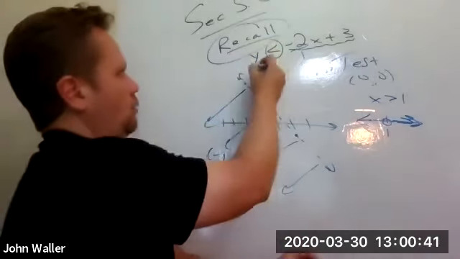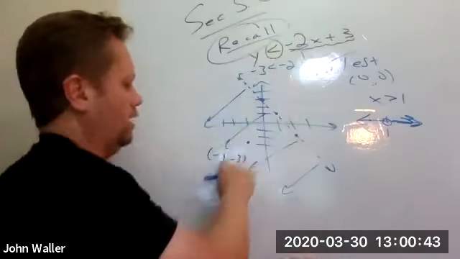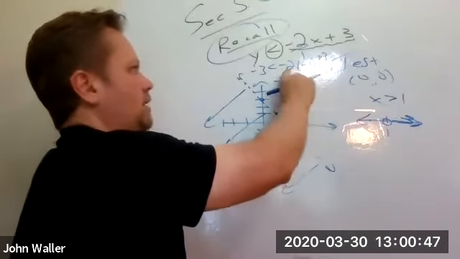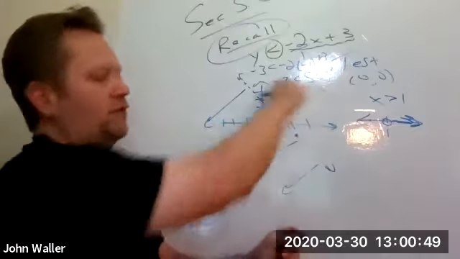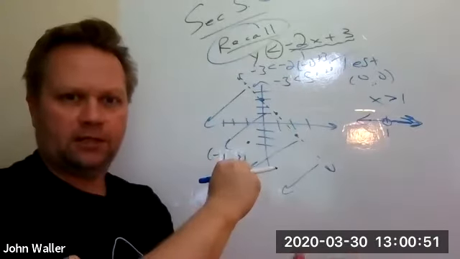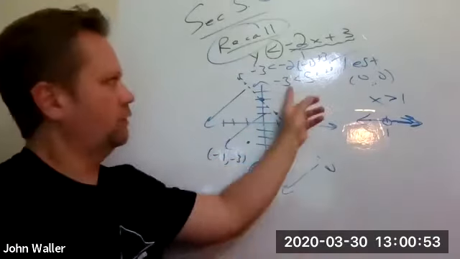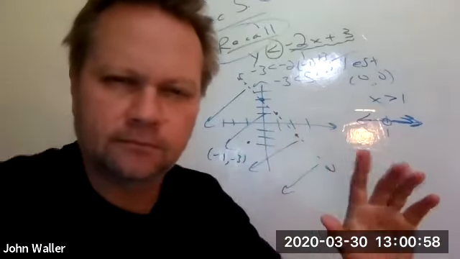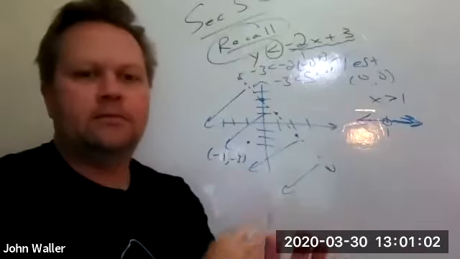So a -3 for y and a -1 for x. Is -3 less than 2 plus 3? Is -3 less than 5? Is that true? Yes, okay.